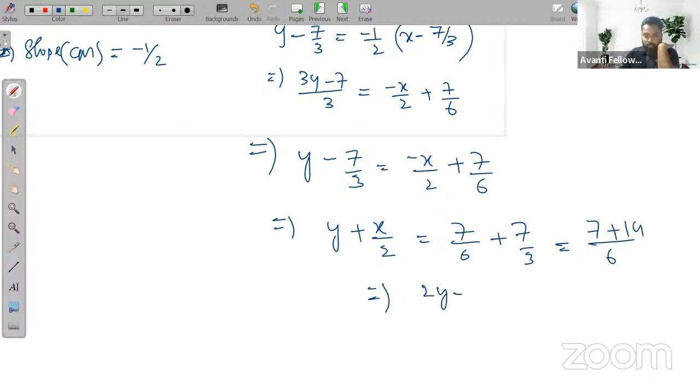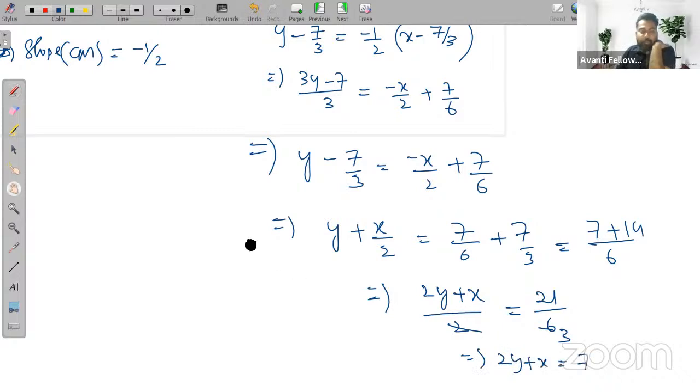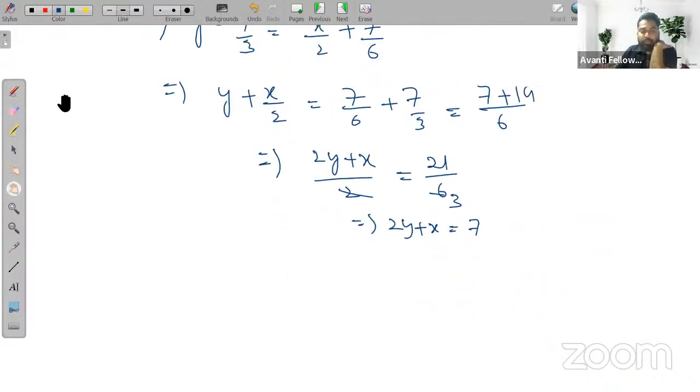And this becomes 2y plus x by 2 is equal to 21 upon 6. So 2y plus x is equal to 7. So this becomes x plus 2y minus 7 is equal to 0.